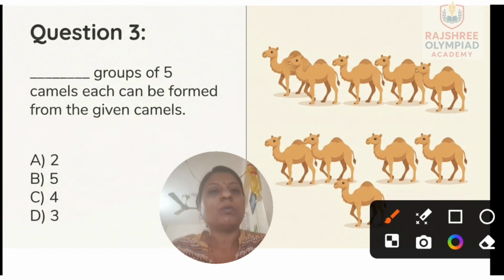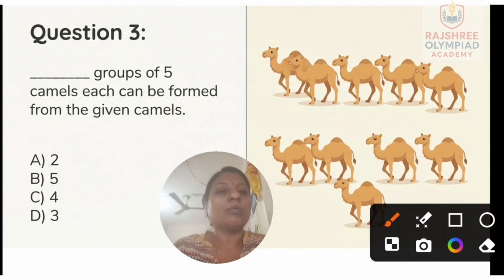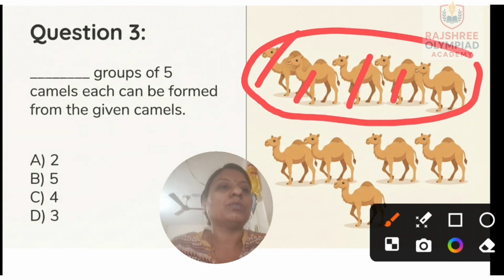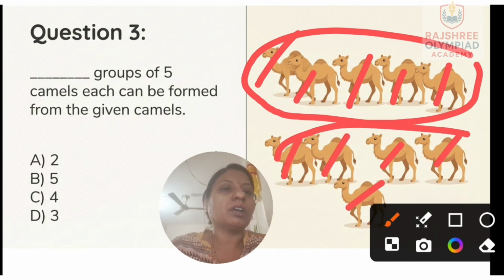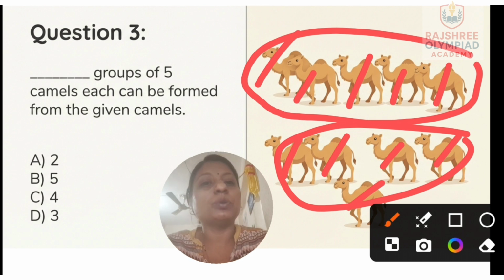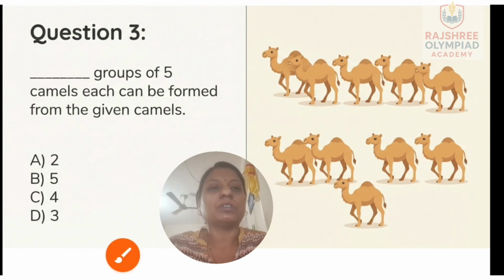So now we are grouping camels in the 5 format. 1 2 3 4 5, this is one group, and next 1 2 3 4 5, this is another group. How many groups are made here? 2 groups. Answer is 2. So we will go for the next question.